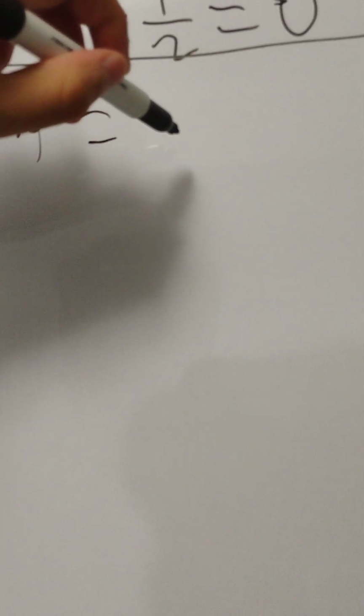Sine of a minus b is always equal to sine a cosine b minus cosine of a and sine of b. So always remember this.